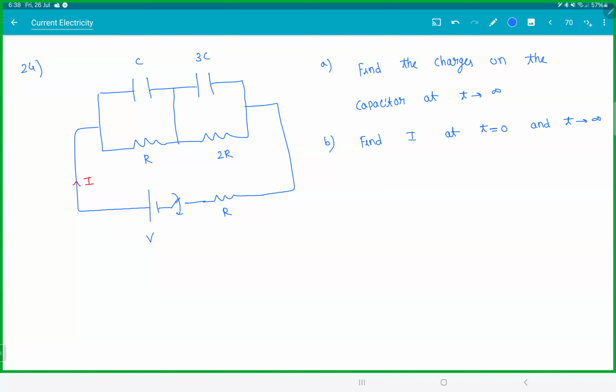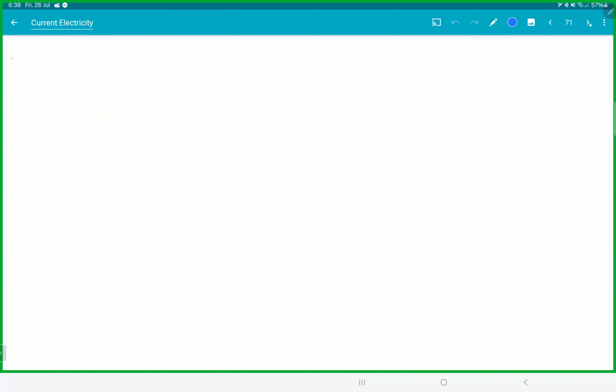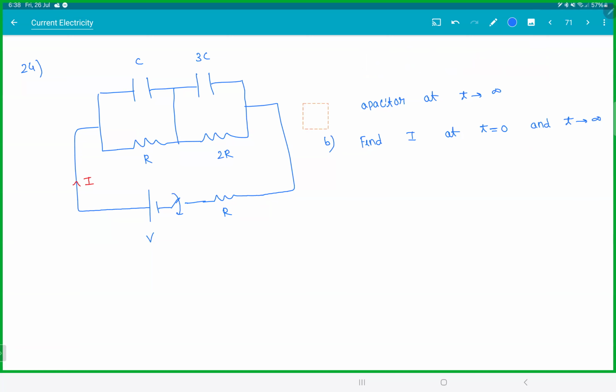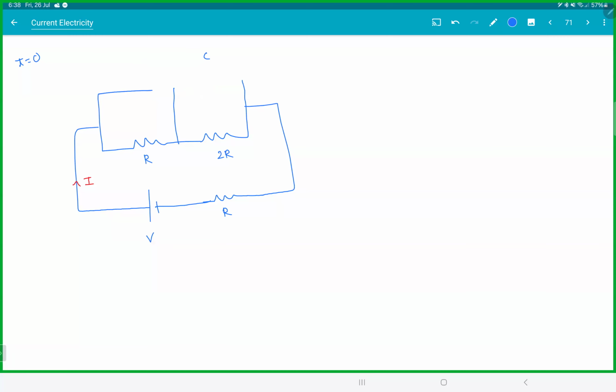Let's see. It's at T0. At T0, what happens? The moment you close this, these two will act like wires. This whole thing gets shorted.